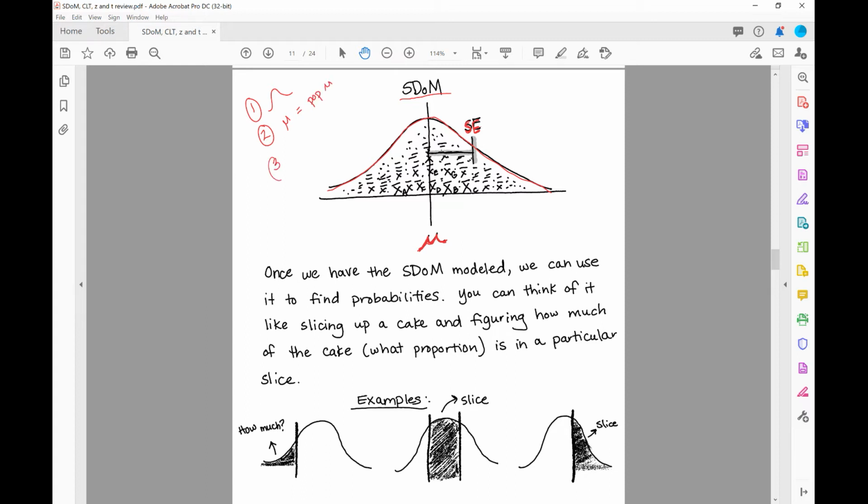And then for that spread, we know the formula for figuring it out, which is the standard error, that standard deviation divided by the square root of our sample size. Whichever version of that standard deviation we have, we'll use, and that tells us whether it's going to be a Z shape or a T shape.